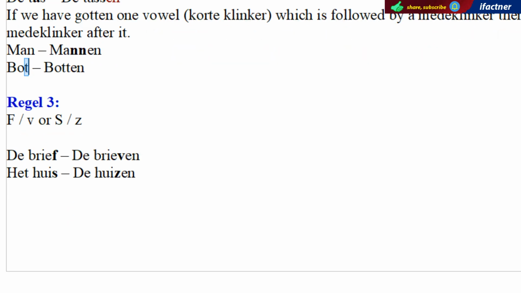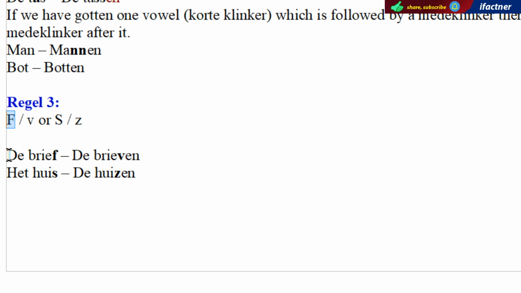Rule number 3. If the word ends with F or S in an Enkelvoud, in a singular form, then F changes into V, and S changes into Z in the Meervoud version.